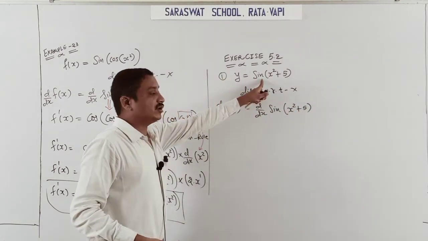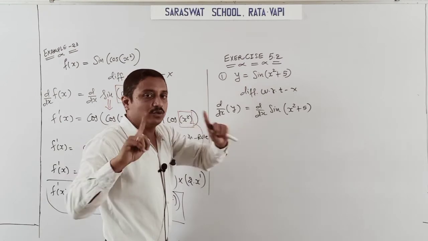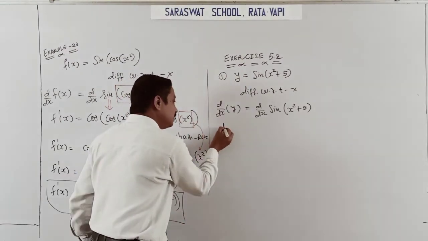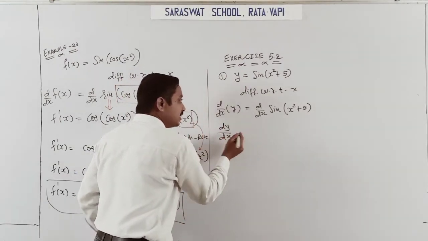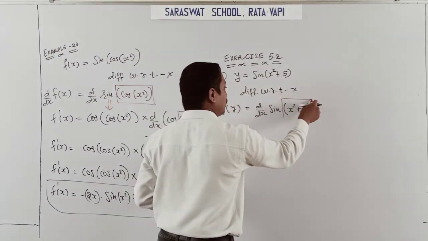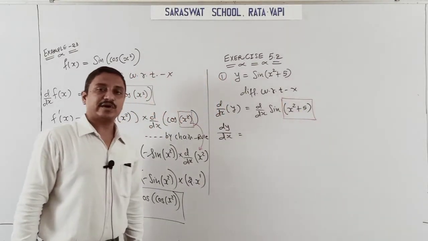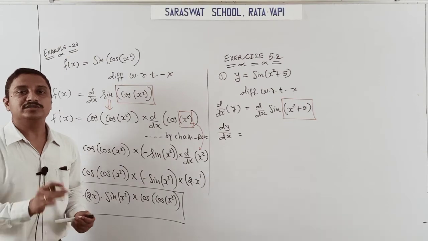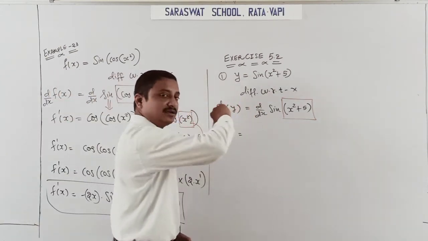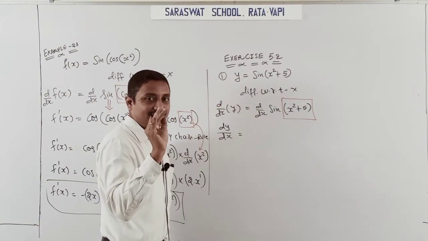Students, here a separate function is not given, so I go to the chain rule. Dy by dx the same, and here just follow these steps. This x square plus 5 is considered one theta. So tell me, what is the sine derivative?